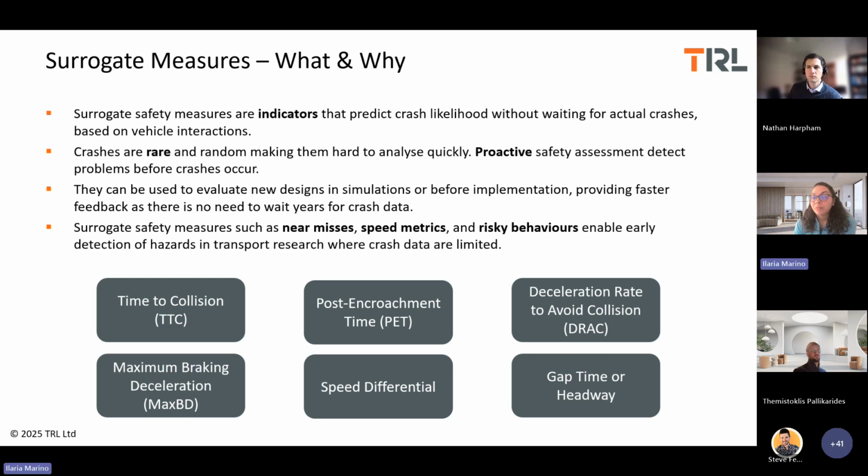The gap time, or the headway, is the space or the time between two vehicles, and we have the speed differential. That's the difference in speed between two vehicles. So those are some of the surrogate measures, but we can think of surrogate measures as pretty much anything related to near misses or speed, anything that can relate to risky behavior and is linked to a collision.